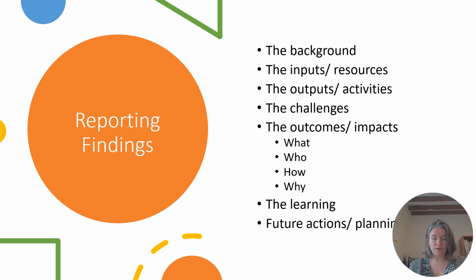The things in the red boxes were the challenges that we experienced as we went along, the issues that we needed to respond to, and then the green, the outcomes and impacts, with the what, how, and why in relation to those outcomes and the impact. Who was impacted and how and why and so on, and then the learning. There can be a huge number of learning points, which are very useful in terms of feeding into your future actions, your planning, or your recommendations going forwards.